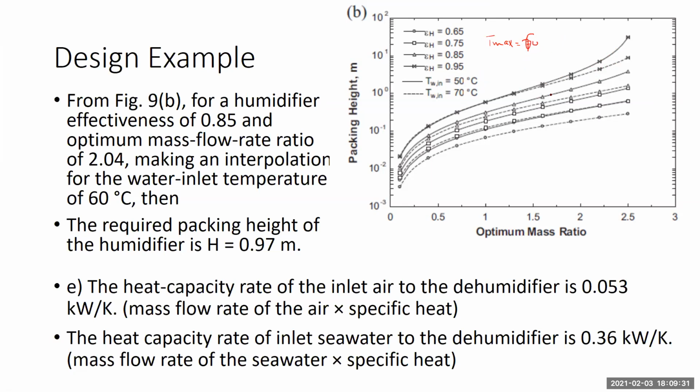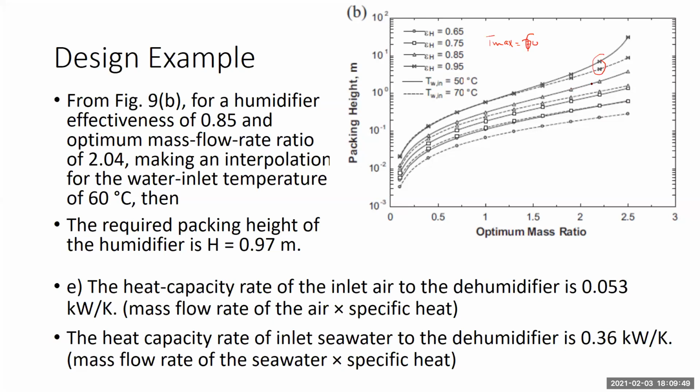And we have 4 lines here. Each one of them represents a group for a value of the humidifier effectiveness. 0.65 is going to be these 2 lines, one for T water in of 50, one for T water in at 70.